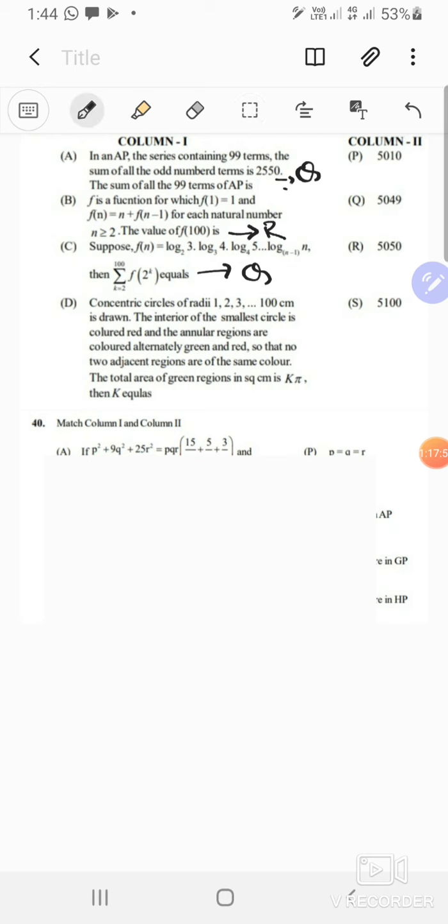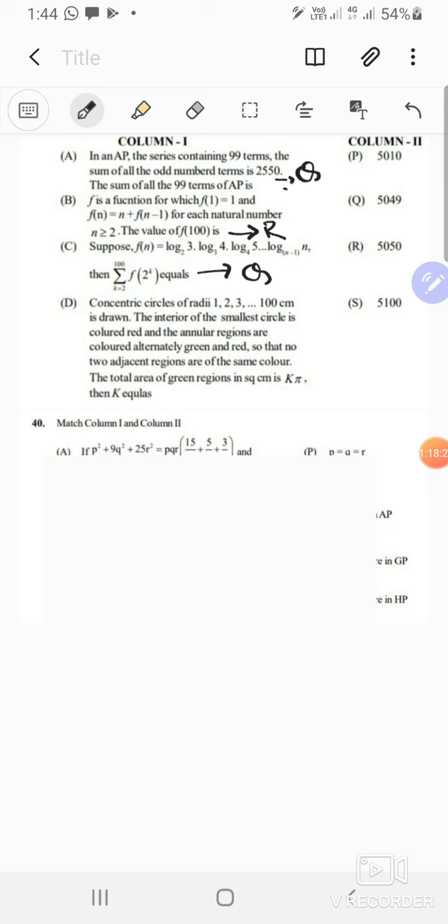Okay, concentric circles of radii 1, 2, 3, ..., 100 centimeters are drawn. The interior of the smallest circle is colored red, and the annular regions are colored alternately green and red, so that no two adjacent regions are of the same color.